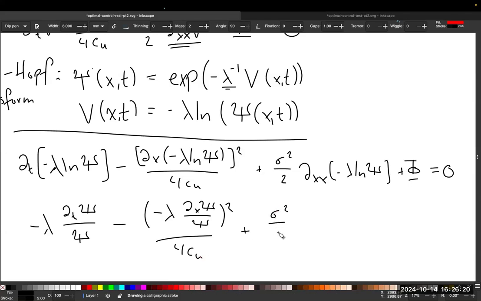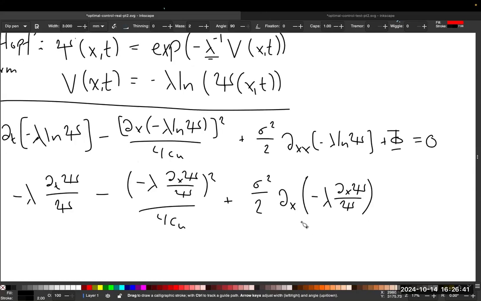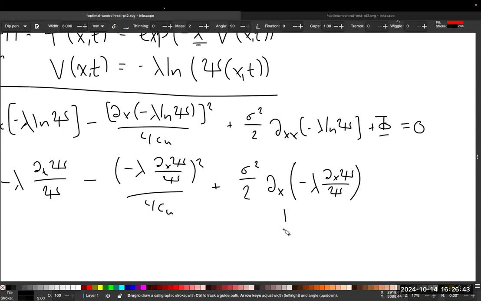And then in this next term, we're going to have to take two derivatives of our natural logarithm. So let's do those one at a time. We've already found one derivative, and the first derivative is this. We can take that second derivative. We have negative lambda on the outside.